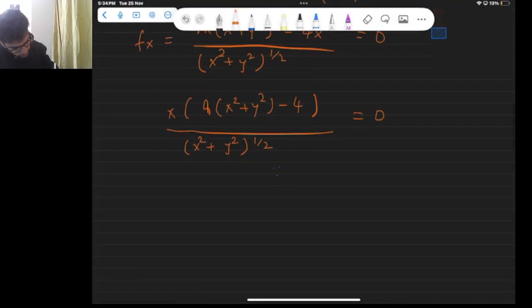So from the numerator I can say that (x²+y²) into 9 minus 4 is equal to 0, or I can say that x is equal to 0. So these can be my two terms.